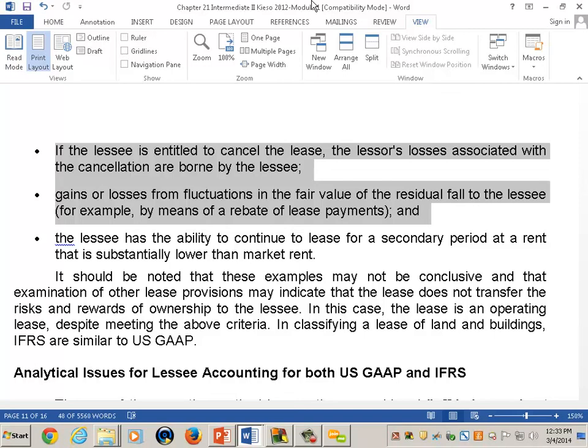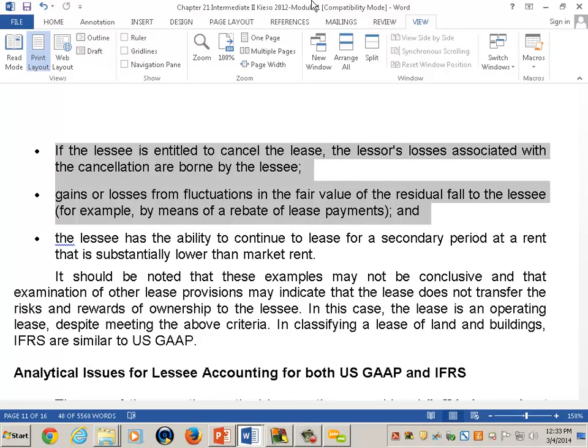If there are any penalties and those losses are absorbed by the lessee, or if there are any gains and losses from fluctuations in fair value built into the lease, and the lessee either benefits or has to suffer a loss on that change in fair value, that becomes a capital lease.